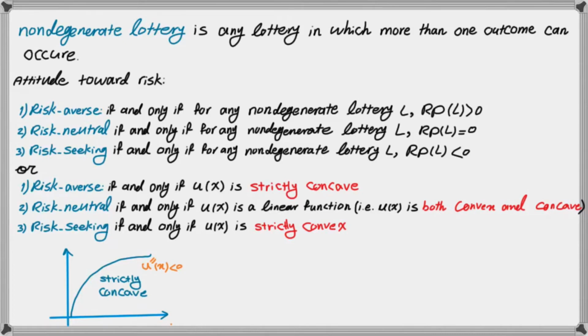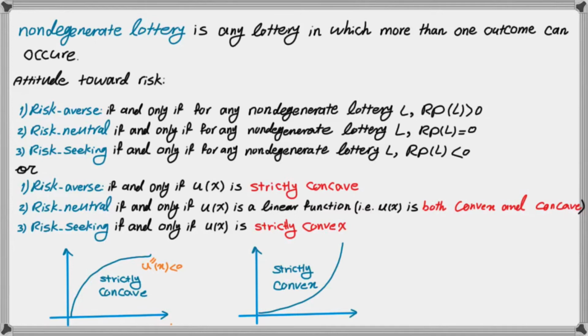If you're given a utility function, to find out if the person is risk-averse or risk-taking, you need to calculate the second derivative of their function, and if it's negative, then the person is risk-averse. If it's positive, then the person is risk-seeking or risk-taking. If it's a linear function, the second derivative is 0, and therefore the person is risk-neutral.